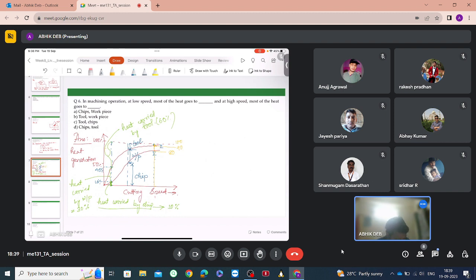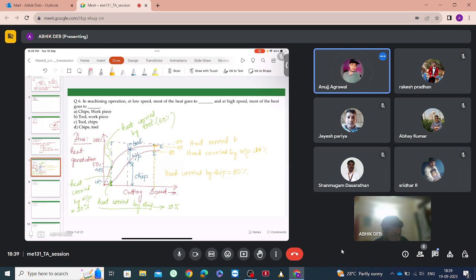Now, what is the heat carried by the chip? 80%. Yes. And heat carried by the workpiece? 90%. Is it, sir, 90? 10%. Yes, 10%. And what is the heat carried by the tool? 10%. Yeah. So did you understand how to go about this?